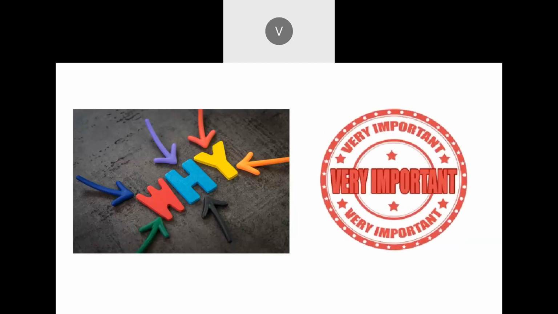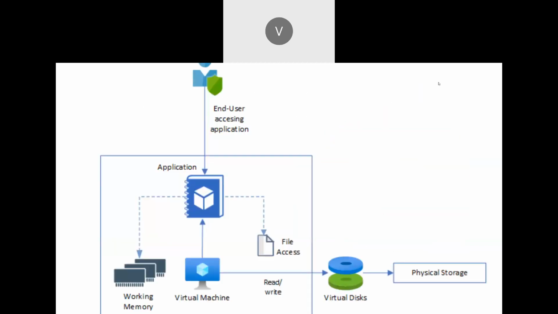When a virtual machine takes data from the virtual disks, where does server-side encryption come in? There are three key points. You can use PMK keys for server-side encryption, or CMK, customer managed keys, or you can use both for double encryption.